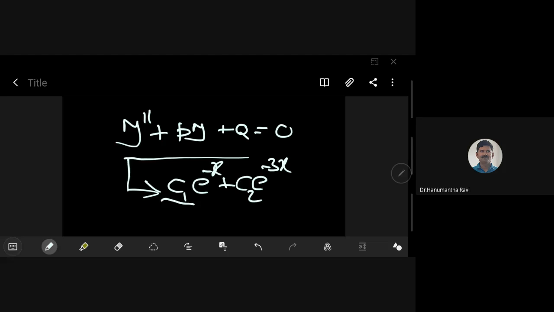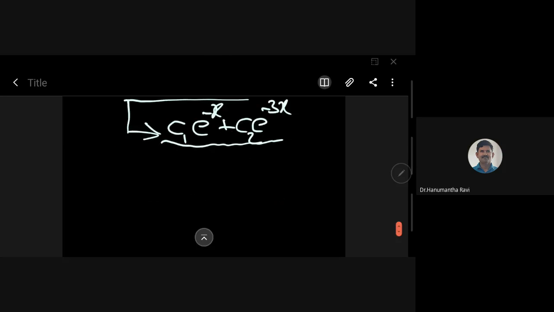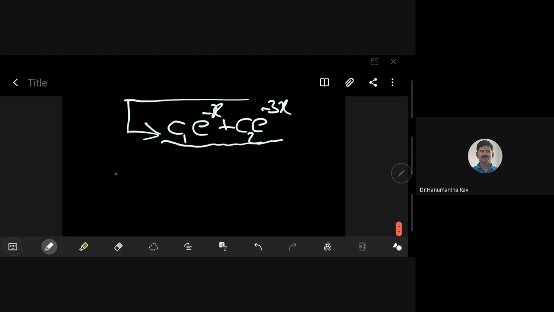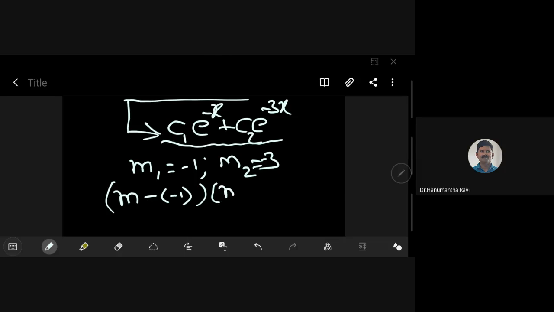For this one, you can go back, the auxiliary equation becomes, the roots here are m1 is minus 1, m2 is minus 3. So m minus of minus 1 into m minus of minus 3 is equal to 0.